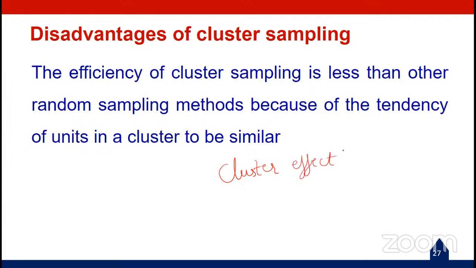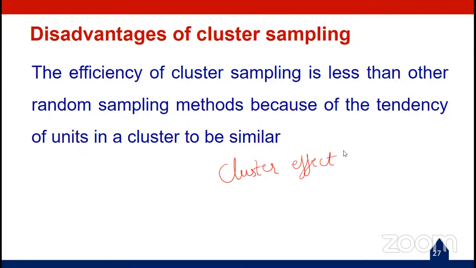Because of this cluster effect, what happens is after you perform the analysis, the variability will be less. As the individuals have influence on each other or tend to share some common opinion, the variability will be less, so this will lead to some false significance. So this is a consequence of this clustering effect.